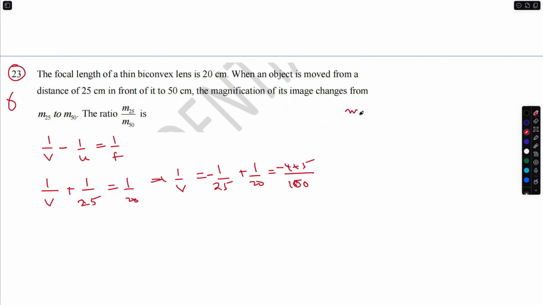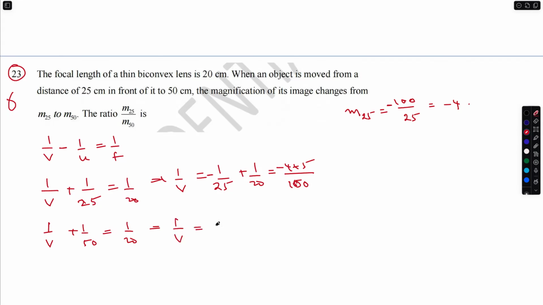So in the first case, magnification is 100 minus 100 by 25, which is minus 4 in the first case. Yes. Next case, 1 by V plus 1 by 50 is 1 by 20.